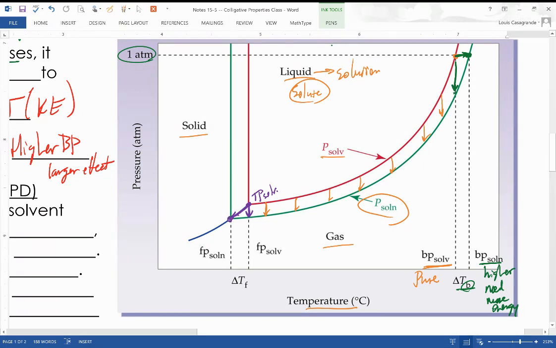So the triple point of the solution is down here. Because that triple point of the solution has moved down, for every place along the solid liquid boundary, we have to move to the left. And what that does is it takes our freezing point of the solvent, again the pure solvent, and lowers it. The delta TF goes down, and the freezing point of the solution is lower.